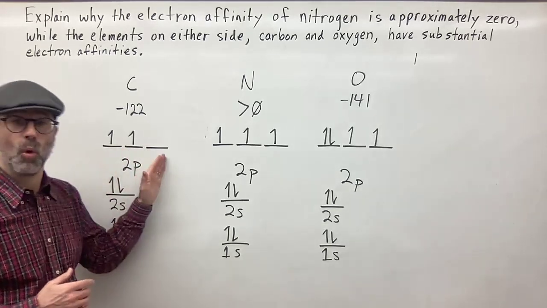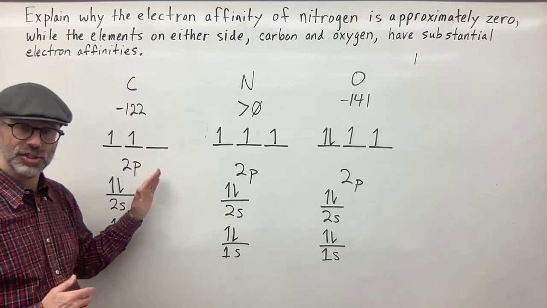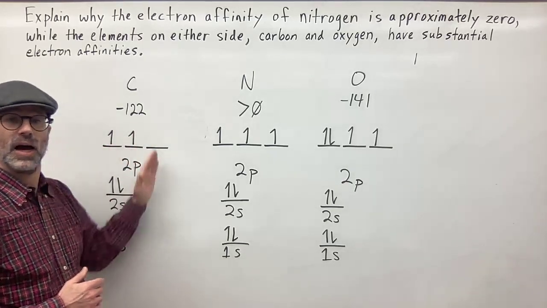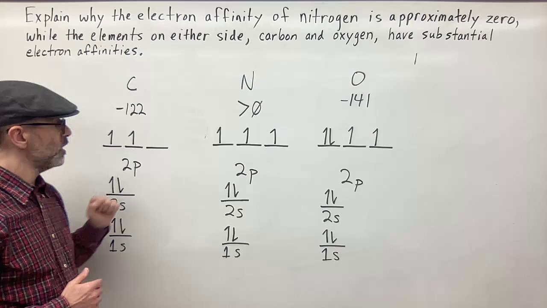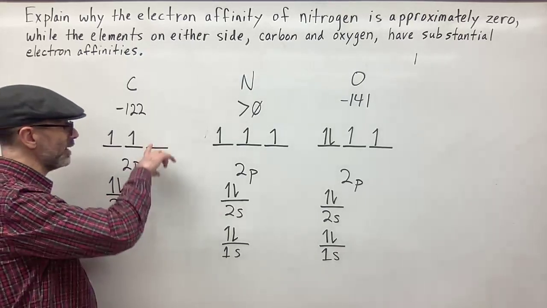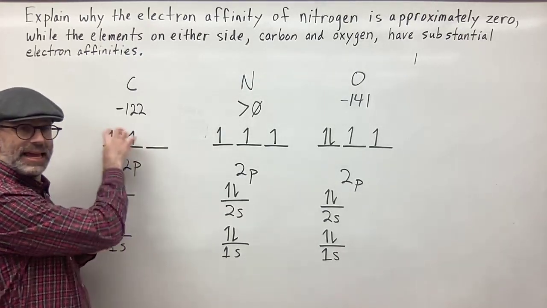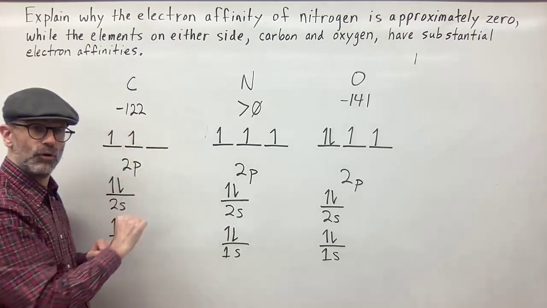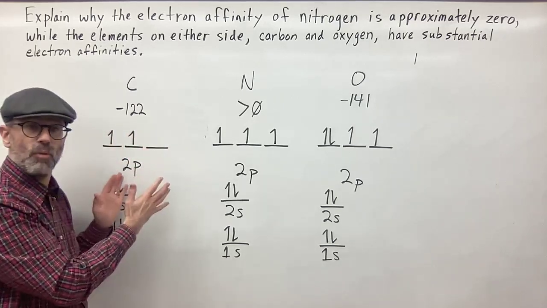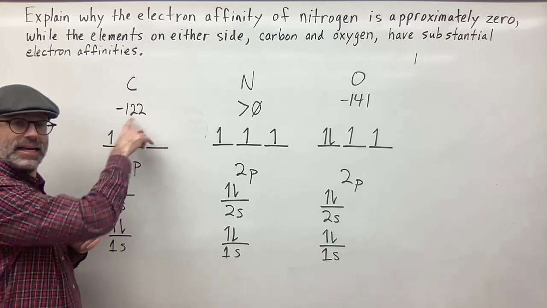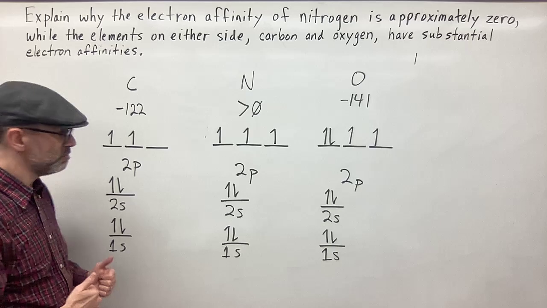So that's going to be a more stable situation than just having two electrons in the sublevel here. So adding an electron to carbon will give it a half-full shell, and that's going to be more stabilizing, and therefore you see that it has a negative electron affinity.